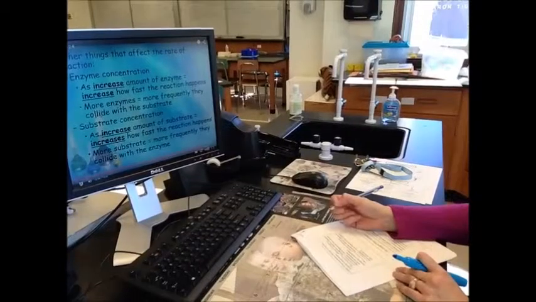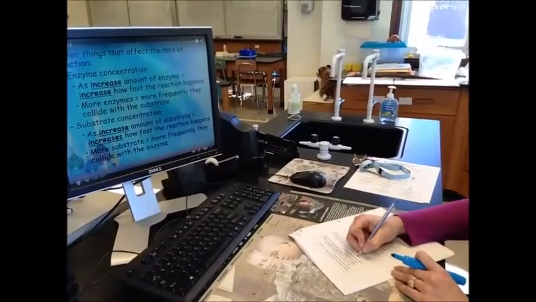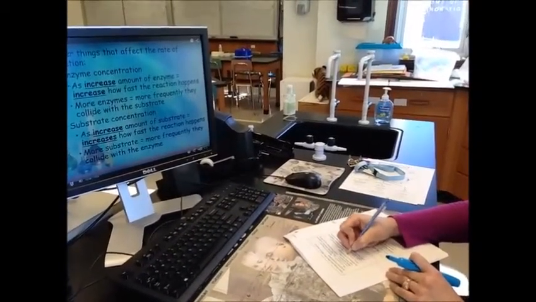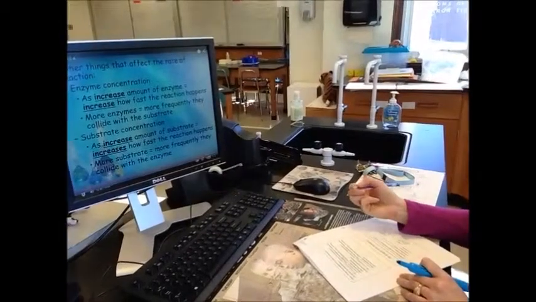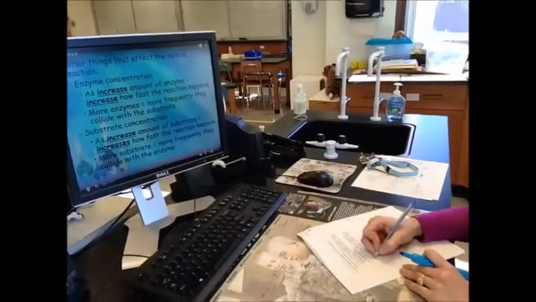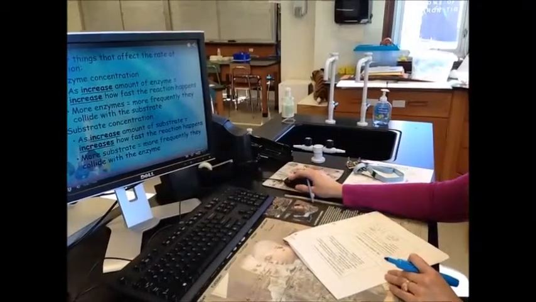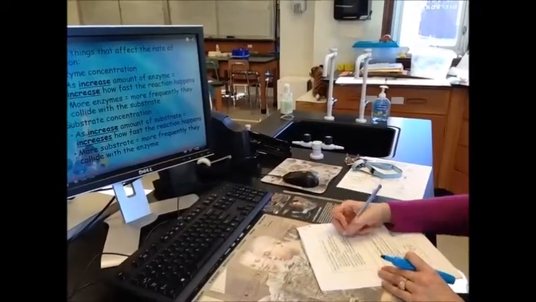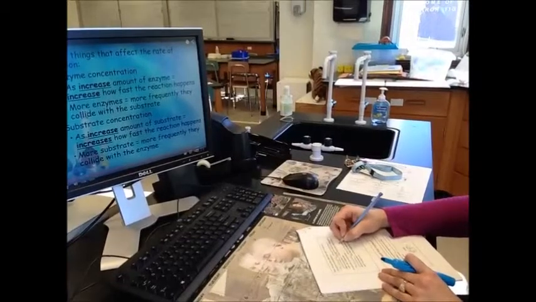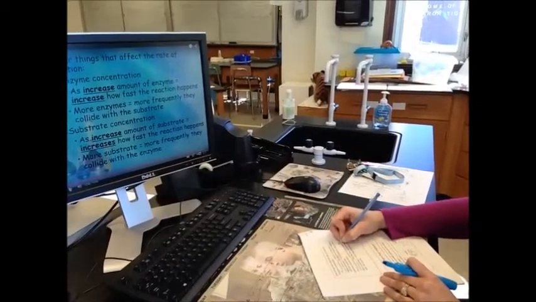Also, substrate concentration: if there is more substrate to work with, more of the ingredients or reactants, an increase in the amount of substrate usually increases how fast the reaction happens. Just as a little reminder, substrate, little arrow, is also a reactant.